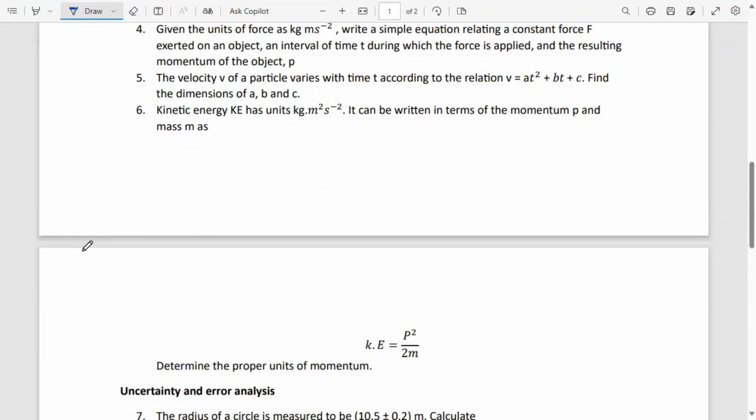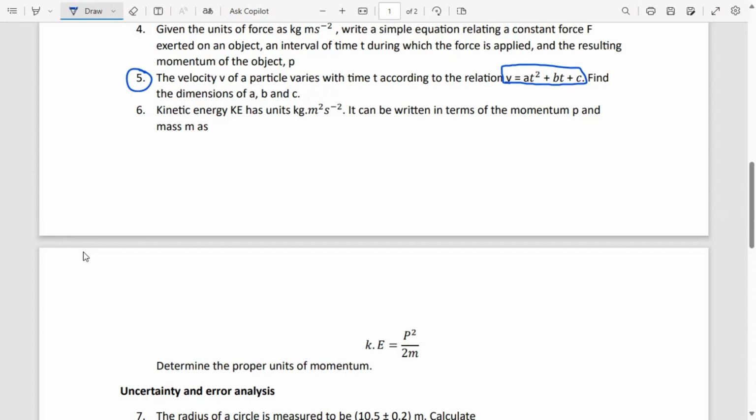There's just one thing we're supposed to understand. When you've been given an equation under dimensional analysis, like V is equal to AT squared plus BT plus C, you are asked for the dimensions of A, B and C. Here, A is a constant, B is a constant, and C is a constant. So how do you find the dimensions of these?